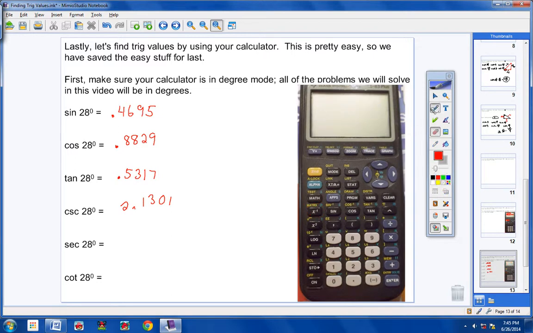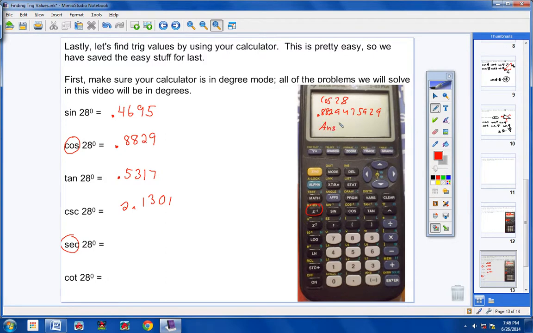Now let's find the secant of 28 degrees. There's no secant button over here, but we know secant is the inverse of cosine. So we're going to type in cosine of 28 degrees, and when you do that, you're going to get 0.8829475929, and then hit your -1 button because you want to flip that, you want to invert it.